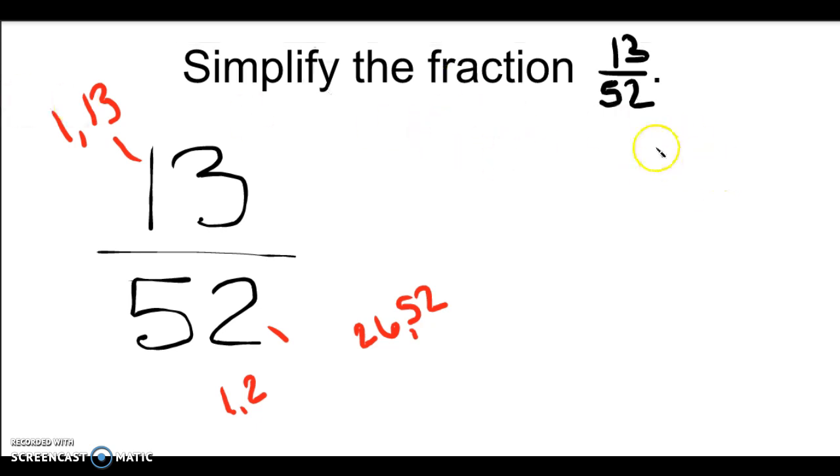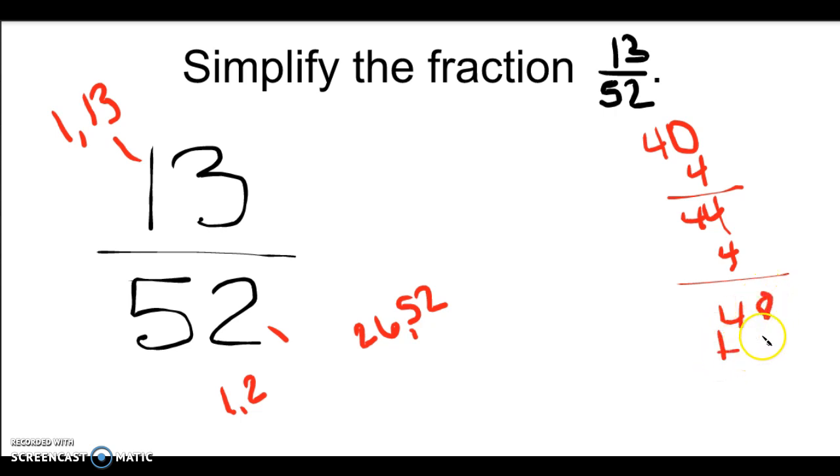I know that 4 goes into 40, right? That's 4 times 10. So I can just keep adding 4s to see if I get to 52. So there's 48. I'm feeling good about this one. If I add 4, I get, ding, ding, ding, 52. So I'm going to count up how many times I would have to skip count by 4 to get to 52. So there's 10 of them right here, right?